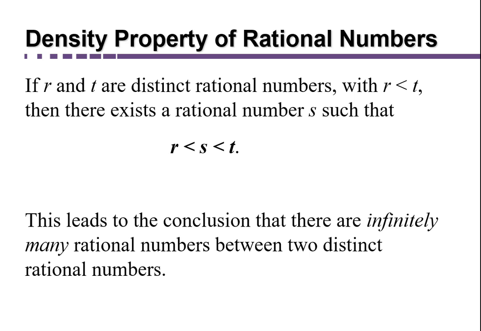Now, if r and t are distinct rational numbers, with r being less than t, what is in the middle of those two? What they've done is separate this by putting the s in the middle. So they're saying r is less than s, s is less than t.